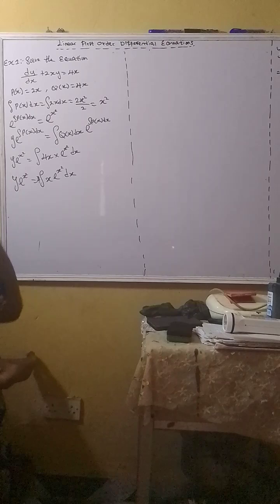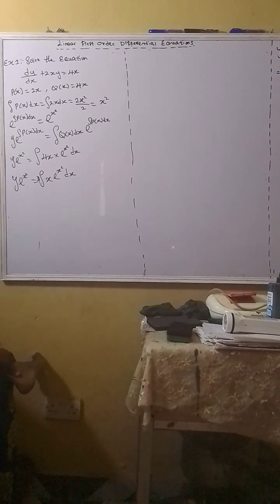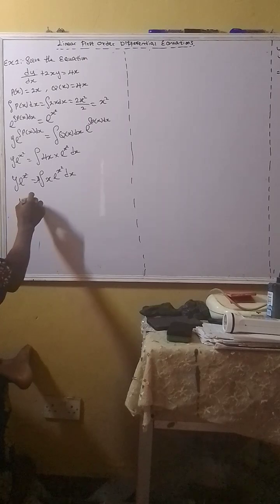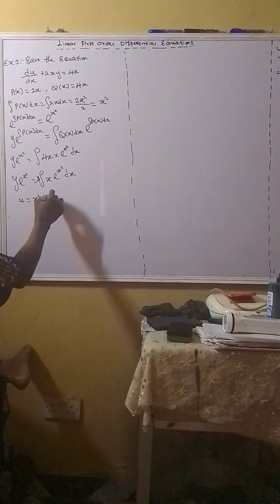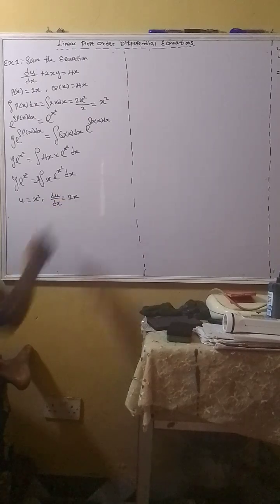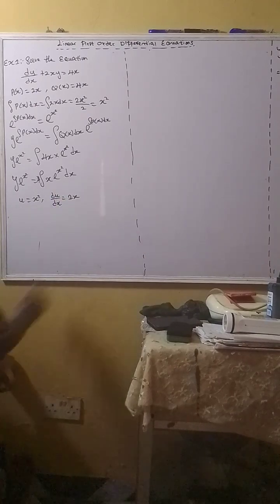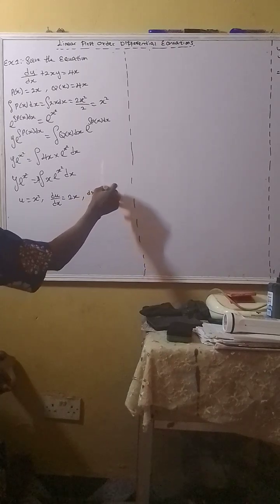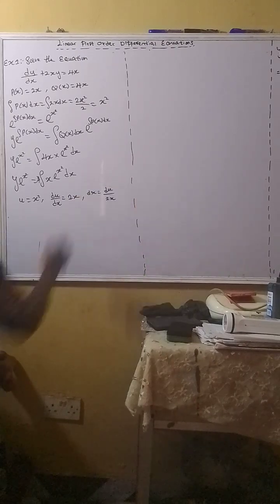This is looking like a case where we can break it down instantly, because if we say u is equal to x squared, we have du over dx being equal to 2x. Are you with me? And at that point, you have dx being equal to du over 2x.